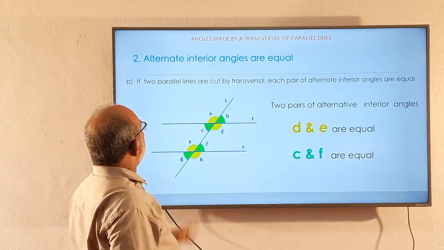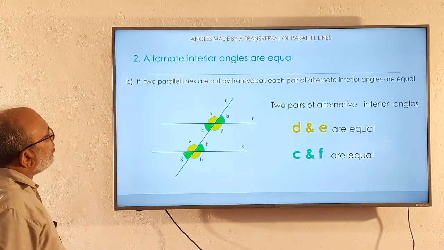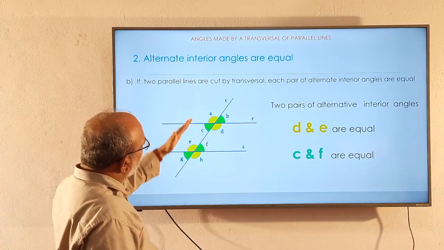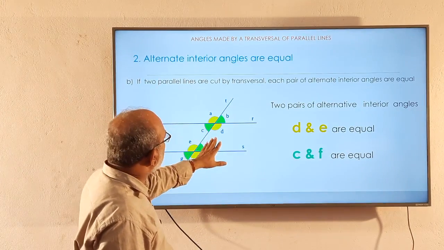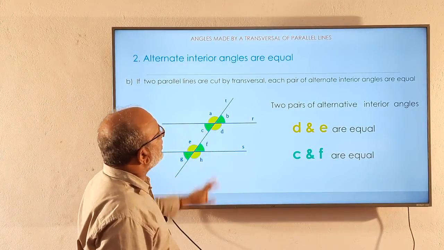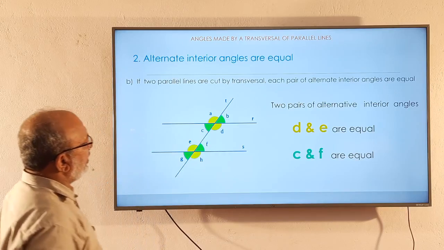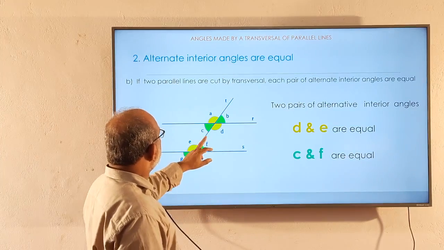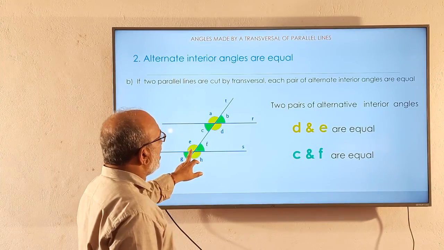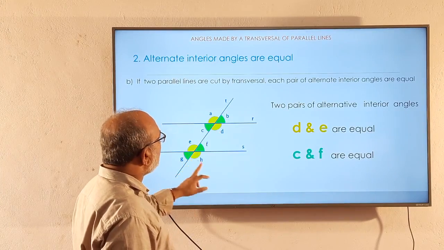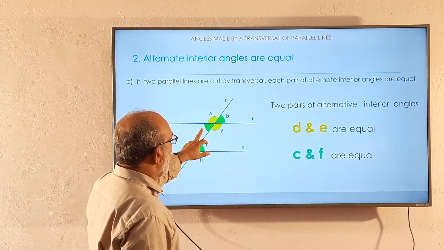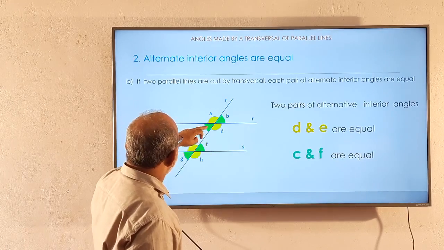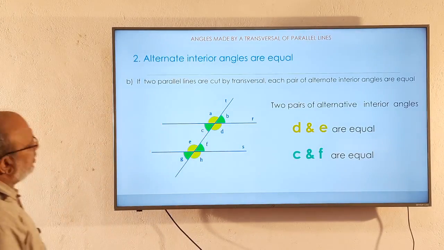It is interior but alternate. If two parallel lines are cut by a transversal, each pair of alternate interior angles is equal. Here D and E are equal, and this green, C and F, are equal.